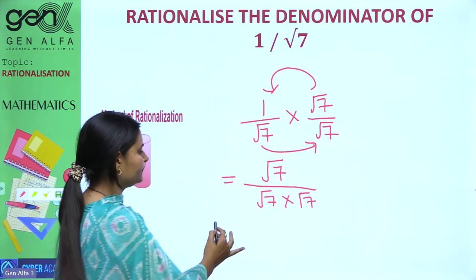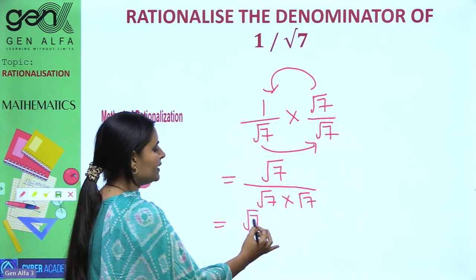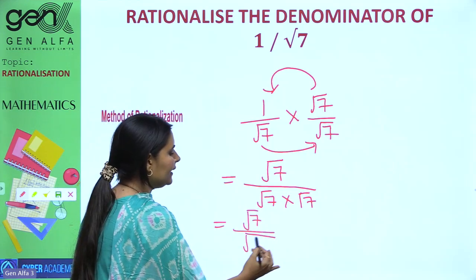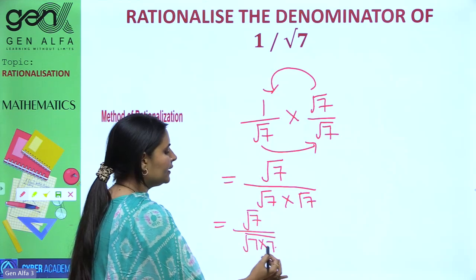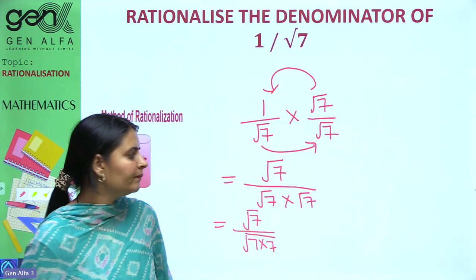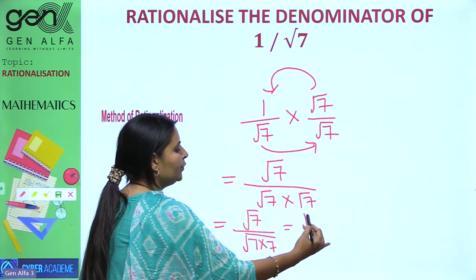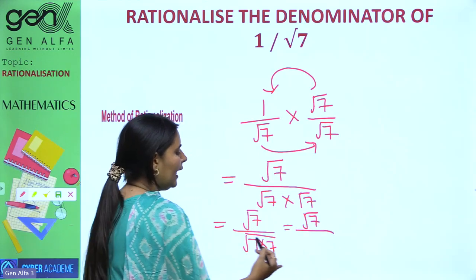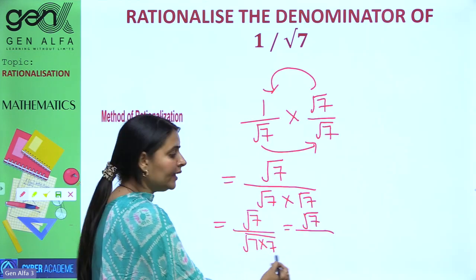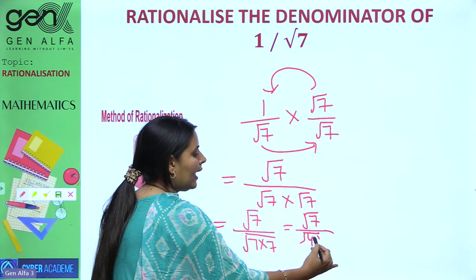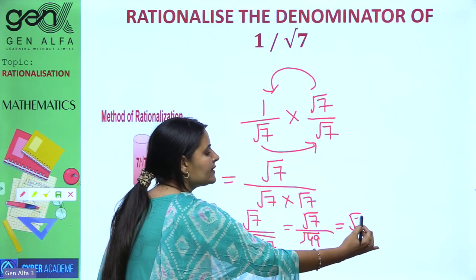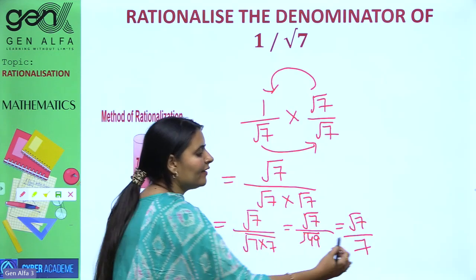That means under root 7 times under root 7 is under root of 7 into 7, which is 49. And you know that 49 is a perfect square of 7.